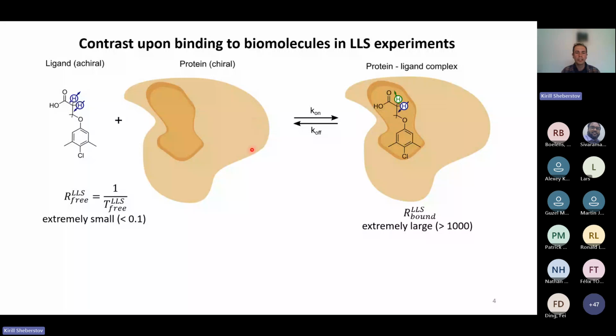This idea was introduced by a group of Malcolm Levitt about 20 years ago. Here in Paris, we are interested in one particular application of these long-lived states, which is drug screening. So imagine you have a small molecule where you can create these long-lived states which have extremely small relaxation rates because these states are protected by symmetry. But once the molecule binds to a protein, there will be local fields induced at the sites of the two protons, breaking the symmetry and leading to an extremely large relaxation rate of this singlet state in the bound form.